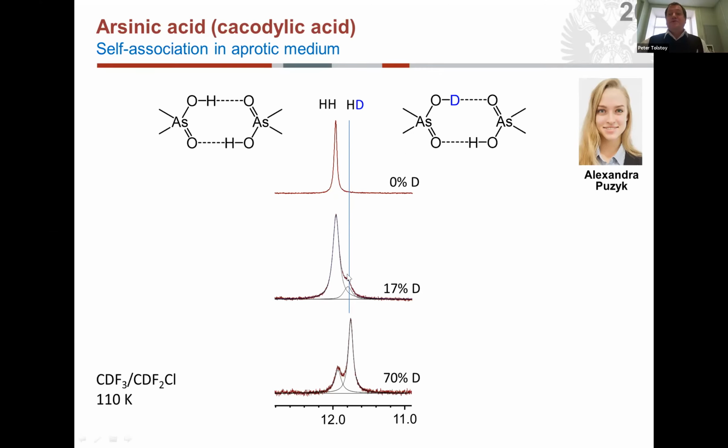There is a 17% intensity of this new peak with respect to the original one. So arsenic acids seem to form cyclic dimers almost like acetic acid. At least that's the dominating species in the solution.